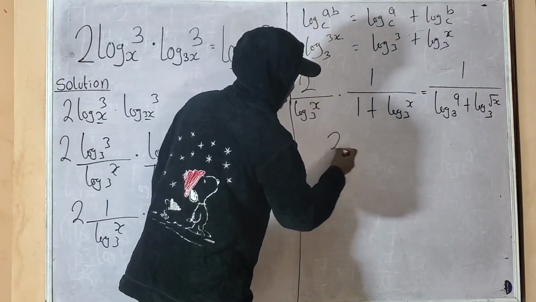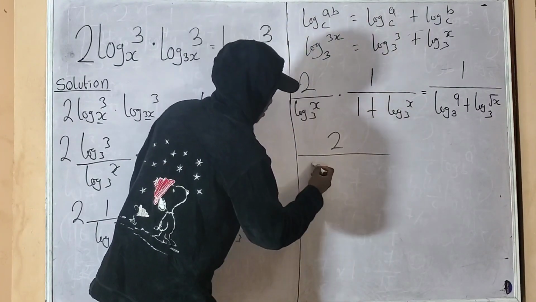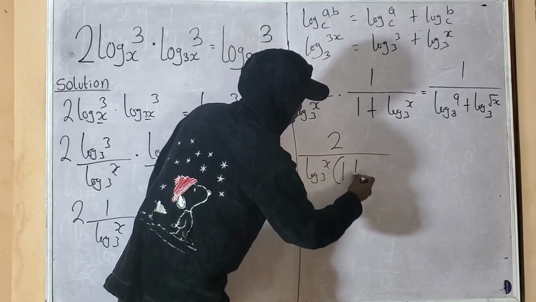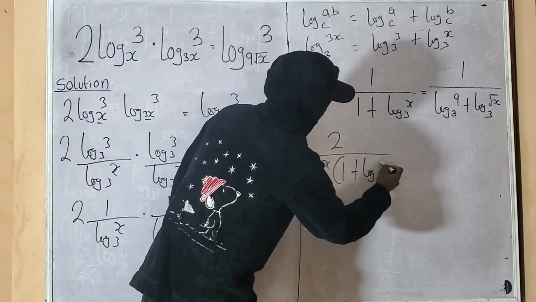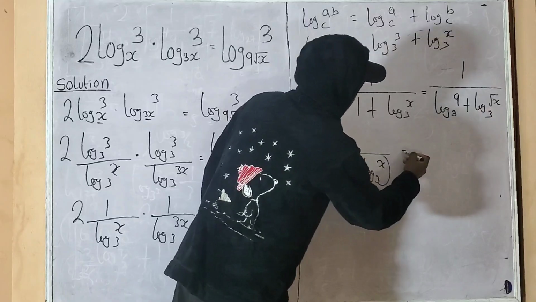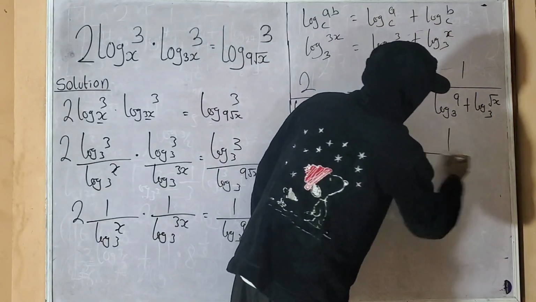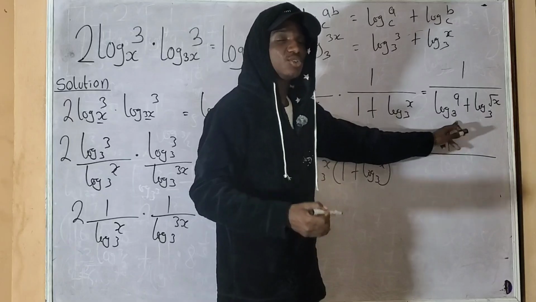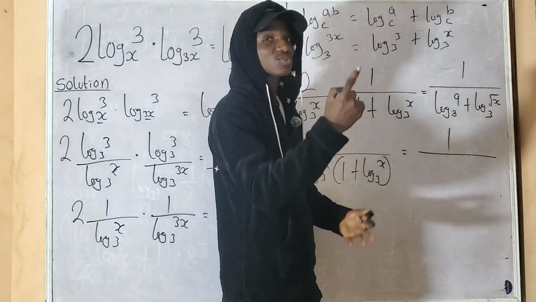So we're going to have at the left-hand side 2 divided by log_3 x multiplied by 1 plus log_3 x. This will be equal to 1 divided by, now log_3 9. Do you know that 9 can be written as 3 raised to the power of 2?